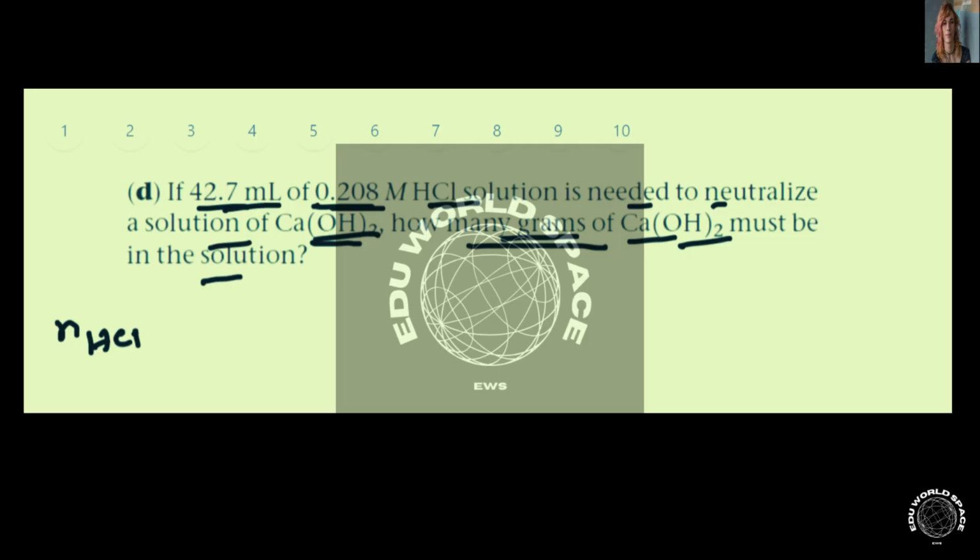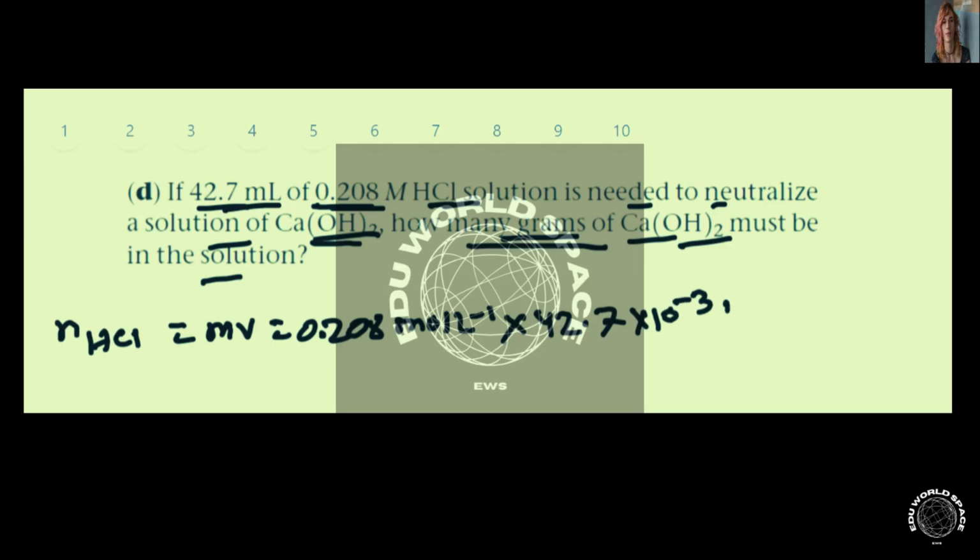So first we'll find out the number of mole of HCl, which will be the molarity times volume, and the molarity here is 0.208 mole per liter times the volume in liter, 42.7 times 10 to the power minus 3 liter, and this will give us a value of 0.009 mole.